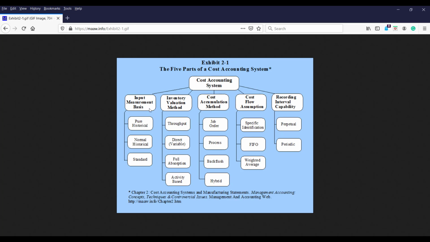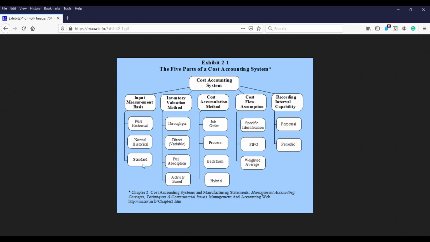Now, over here, input measurement basis is what we're talking about when we're in a standard costing system. Because when you are in a standard costing system, you're going to change how you input the numbers. Remember when we talked about just earlier in this video, when you input the journal entries for direct labor and direct materials, we have different journal entries.